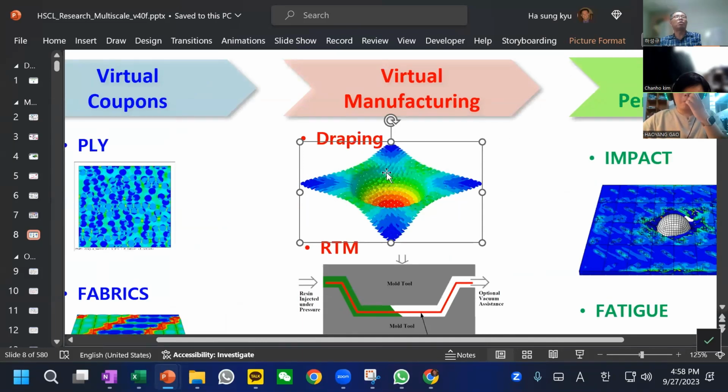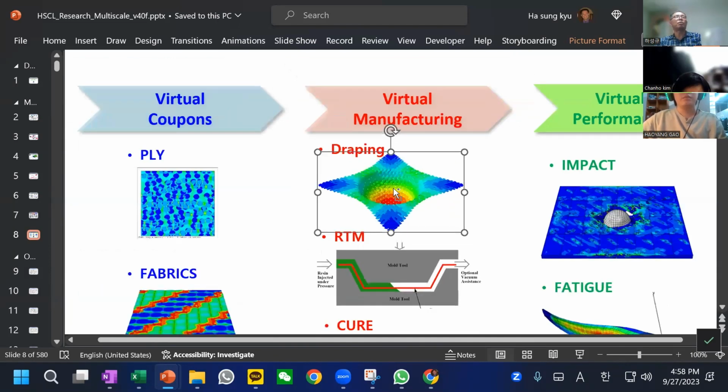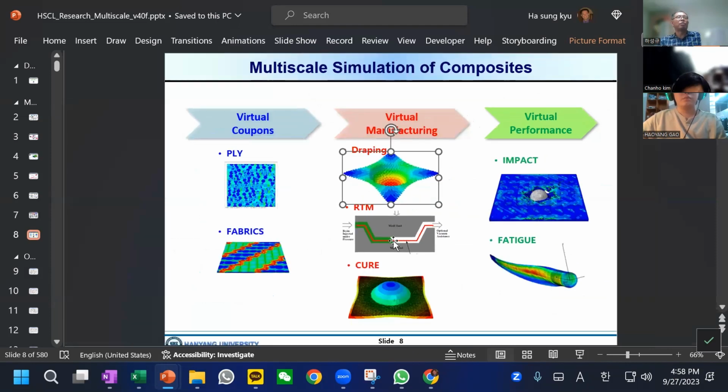Let's say you have a flat laminate, and then you make a shape, then the tow shape will be changed. This is draping and RTM. We have a dry fabric, and now resin will flow. How do we make the resin flow effectively? We need to understand resin transfer molding. And then the structure will be cured.